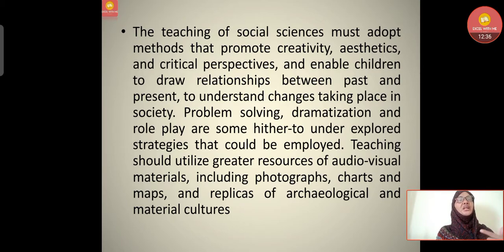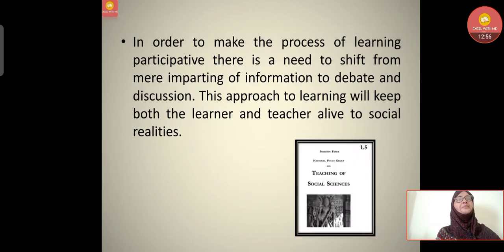Teaching should utilize greater resources of audio-visual materials, including photographs, charts and maps, and replicas of archaeological and material cultures. Nowadays, all these things are applied. When the teachers are trained, they prepare so many TLMs, teaching learning materials, so that they will understand easily.